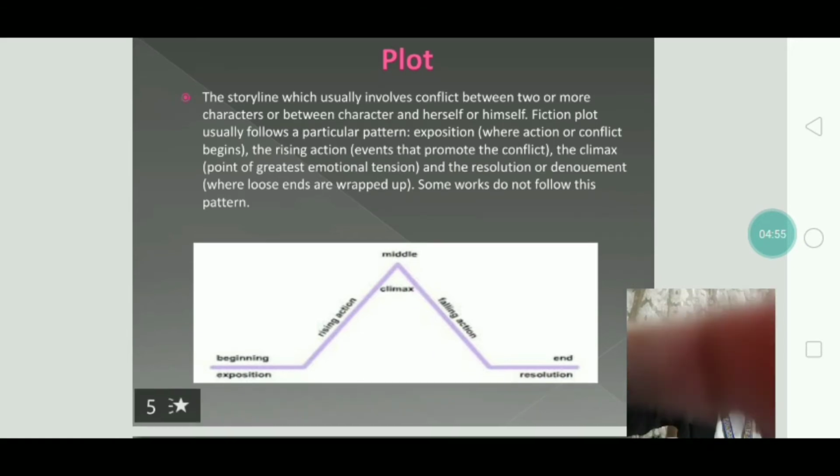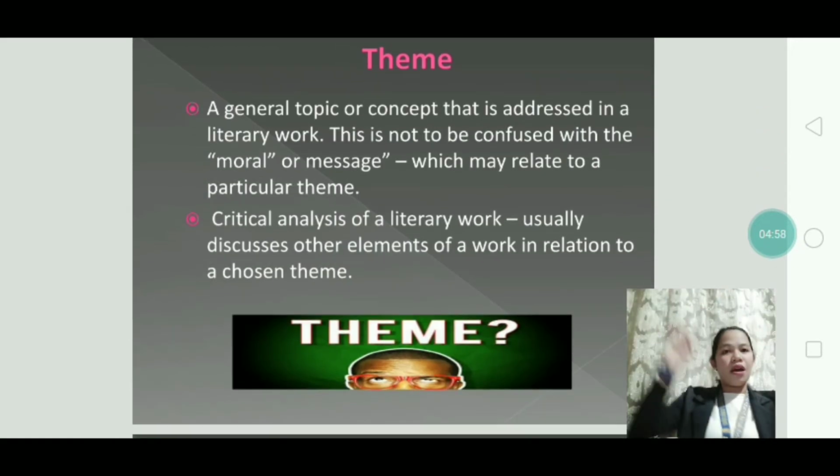Next. Okay, theme. I want you to read this, Miss Anna. Okay, go. Theme. Okay, thank you. A general topic or concept that is addressed in a literary work. This is not to be confused with the moral or message, which may be related to a particular theme.